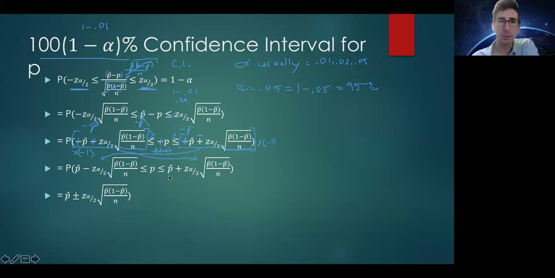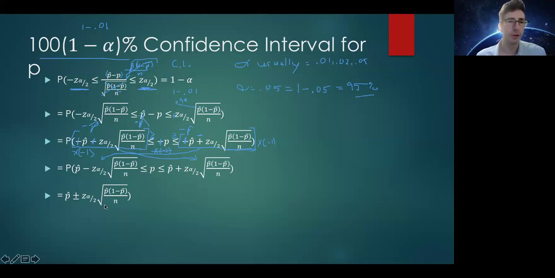And our sample proportion plus all of this stuff is going to give us an upper cutoff value, right? And so these two cutoff values are going to be the lower and upper values of our confidence interval, whether it be a 95% confidence interval, 99% confidence interval, or so on for our population proportion.